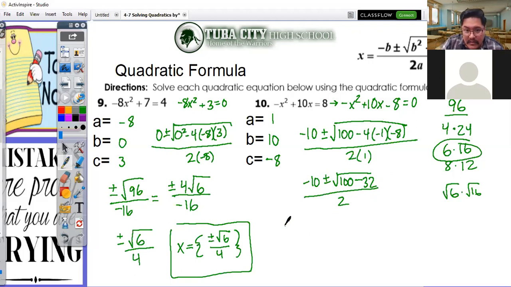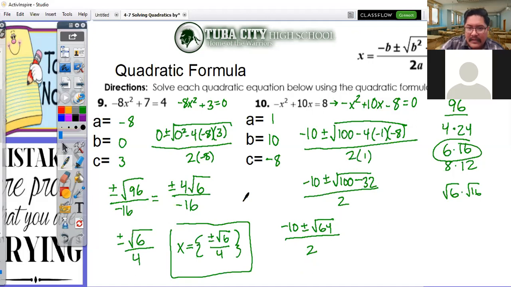And I think this one's going to turn out pretty good because I know that 100 minus 32 is going to be 64. And I'm thinking this is going to be an example. Oh, wait, hold on. 100 minus 32 is 68.